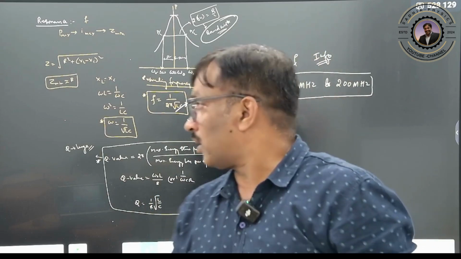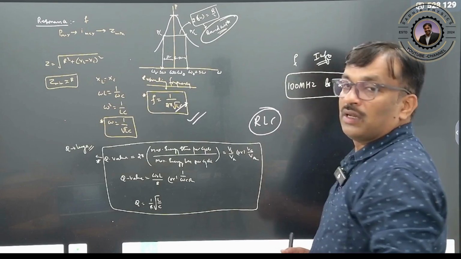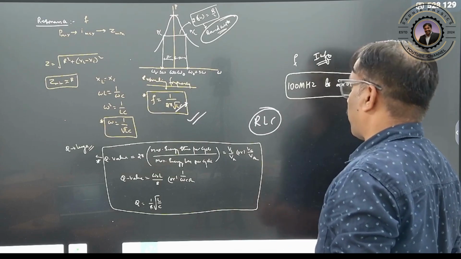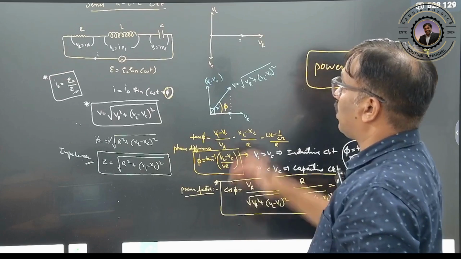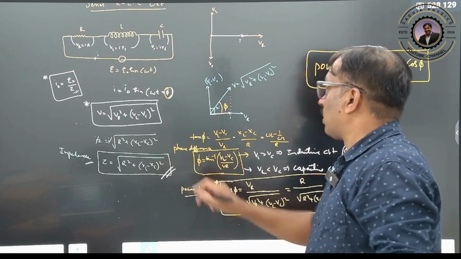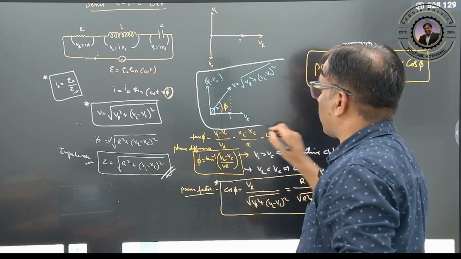Clear? So in this way you can understand the resonance of your RLC circuit. Very important. This is your RLC circuit. In this way you have to calculate the impedance, and this is your phasor diagram, very important.